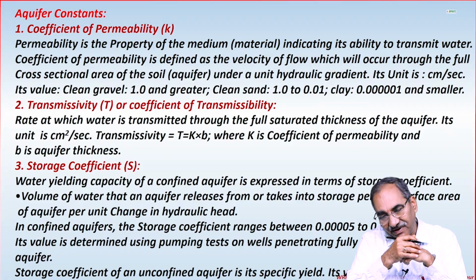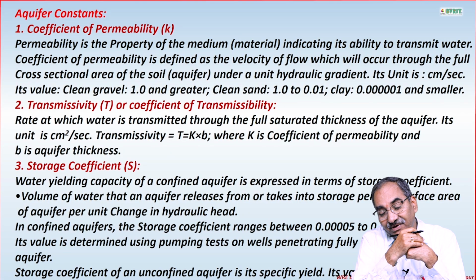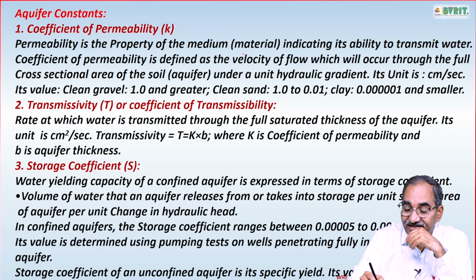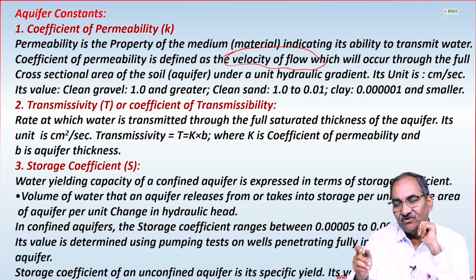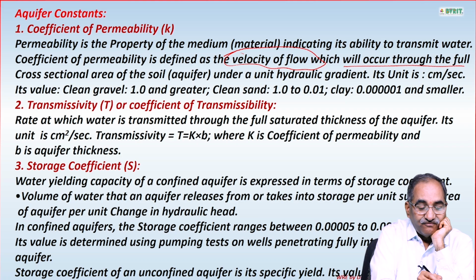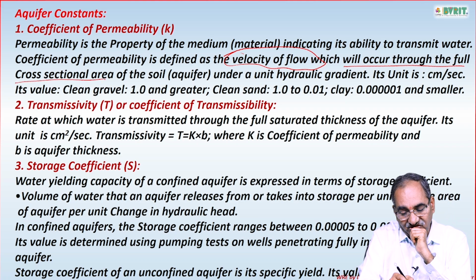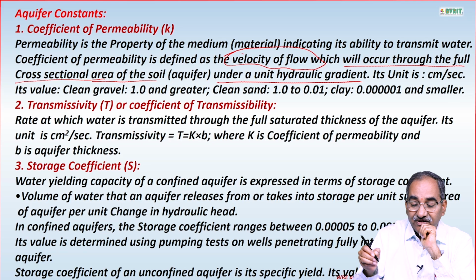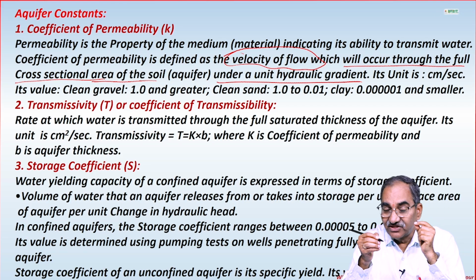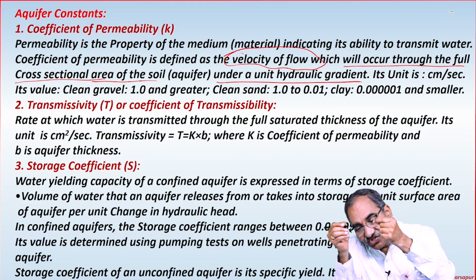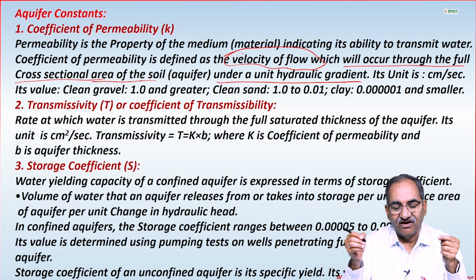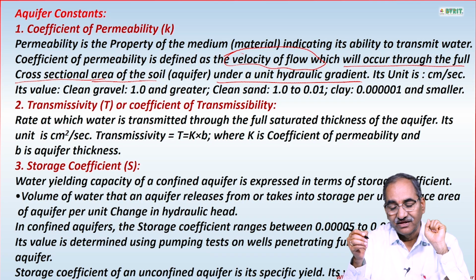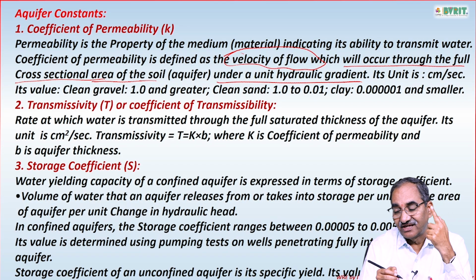That is what we call the coefficient of permeability, and it indicates the velocity of flow. Coefficient of permeability is defined as the velocity of flow which will occur through the full cross-sectional area of the soil or aquifer under a unit hydraulic gradient.